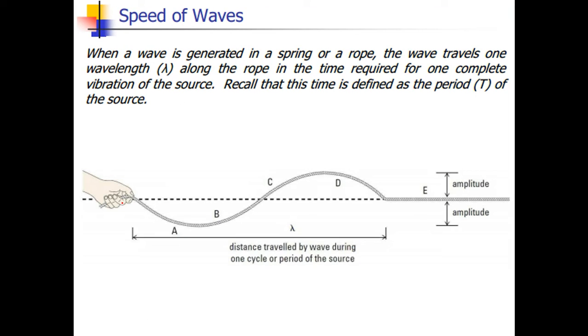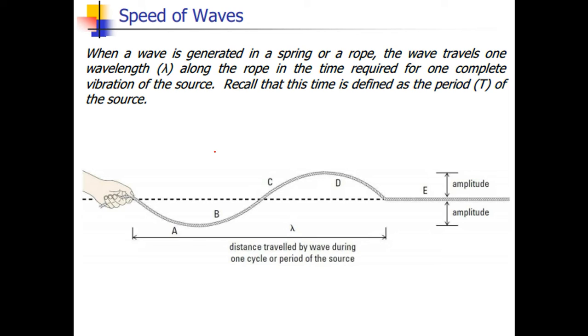You can see here, if we have the source, which is the arm in this case, the rope travels one wavelength until it gets back to the equilibrium position. In this case that time is defined as the period of the source, the time for one cycle.